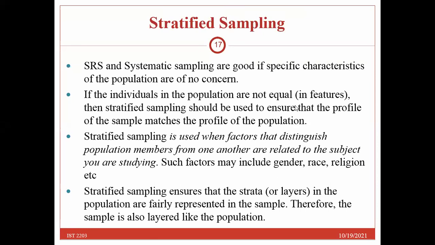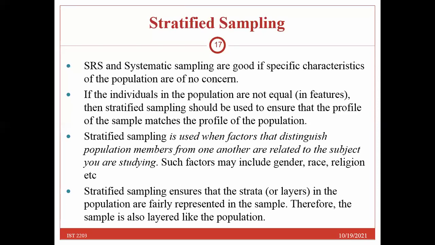So if you're doing a study whereby the gender matters, and the answers that you'll get from a male will be different from those which you get from a female, then it's important that you distinguish the population. It's made up of this percentage of male, this percentage of female, such that when you do your sampling, you have a good representation of both.